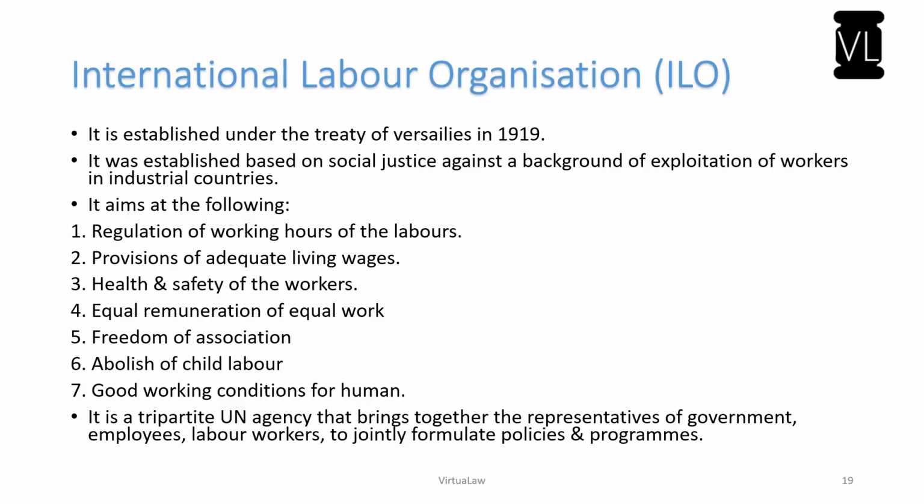The International Labour Organization is an agency of the United Nations, wherein the representatives of the government, number one, the representatives of the employers, not employees, employers, number two, and the representatives of labour workers, number three, together form a tripartite United Nations agency. They jointly formulate policies and programs which are circulated to the member countries, and the member countries adopt them through their legislations. So this is about the International Labour Organization.